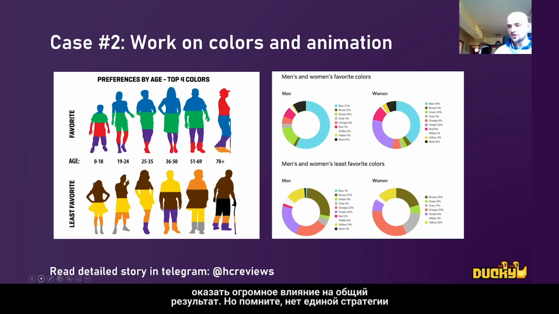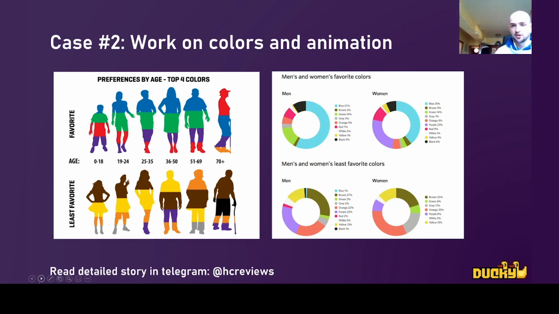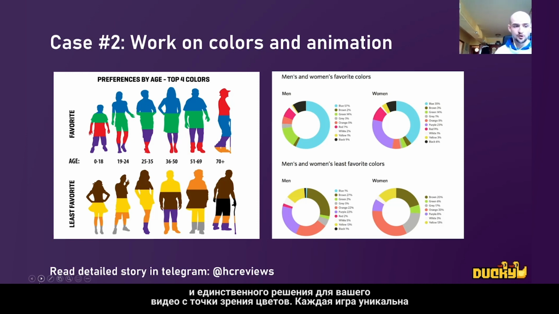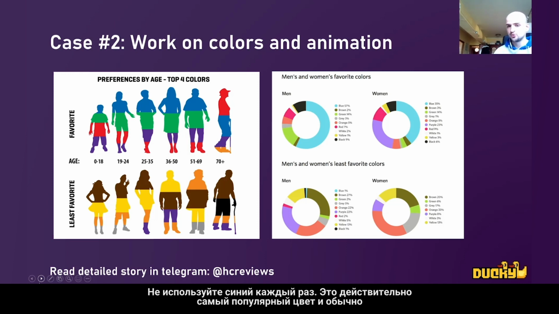Just remember, there's no common strategy and ultimate solution for your videos in terms of colors. Each game is unique, and each game might have a different set of colors that work for it. So don't use blue every time. It is indeed the most popular color and it usually performs the best, but just using blue in all the games and videos is not the best strategy.